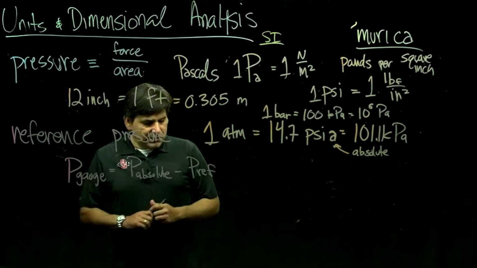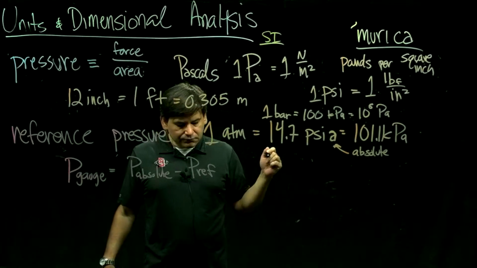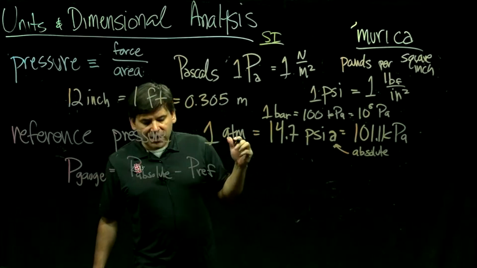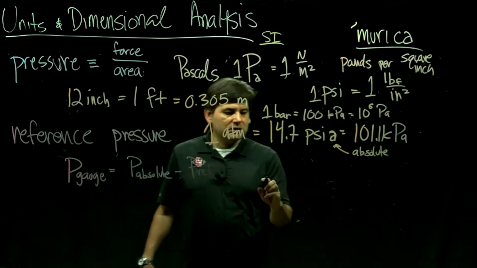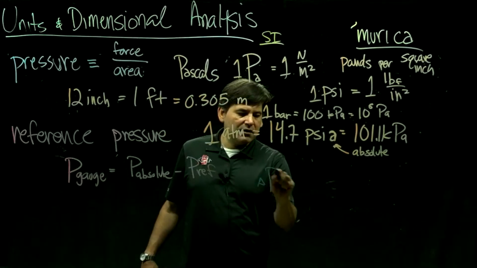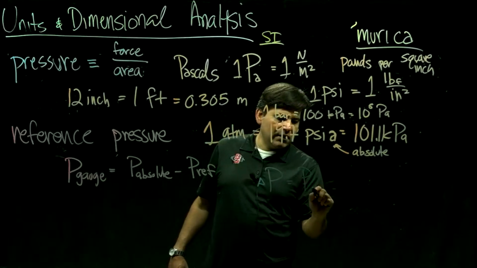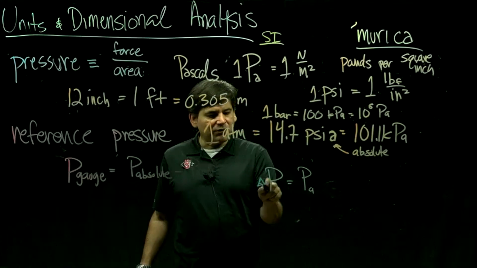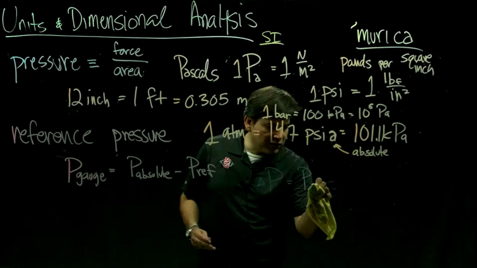And if you were to measure delta P, some pressure drop, you're just saying you have some pressure drop, P2 minus P1, for example.